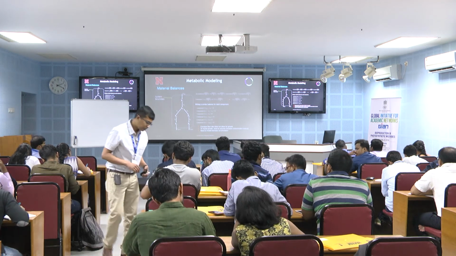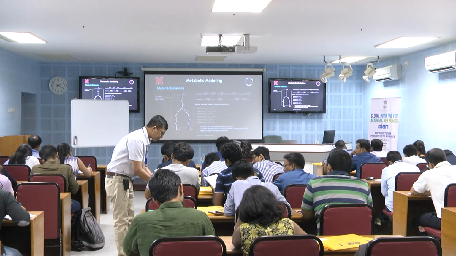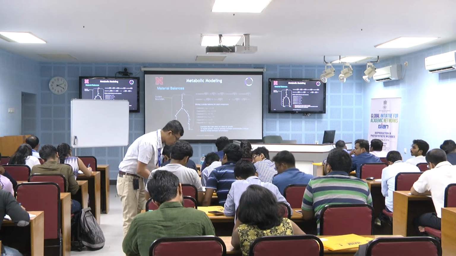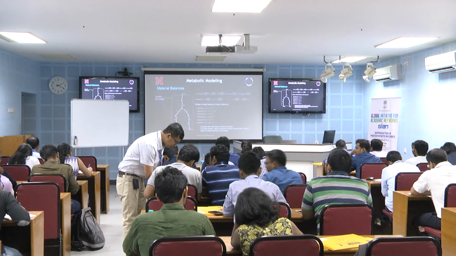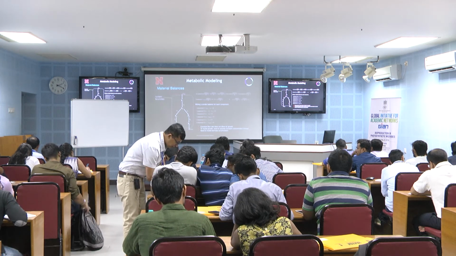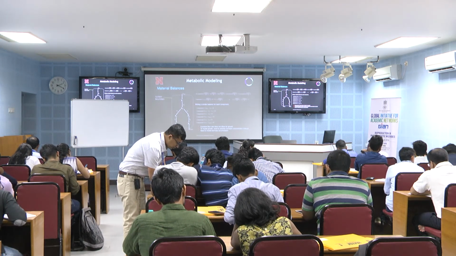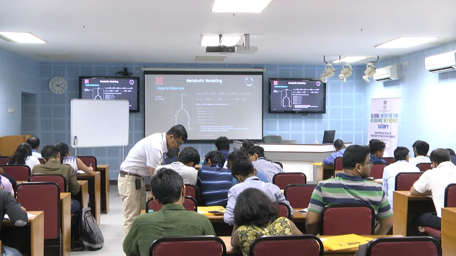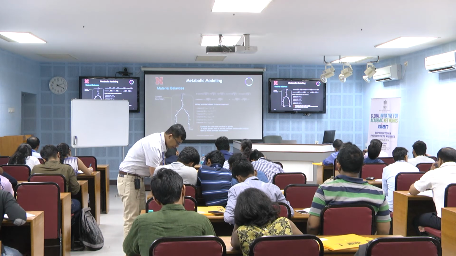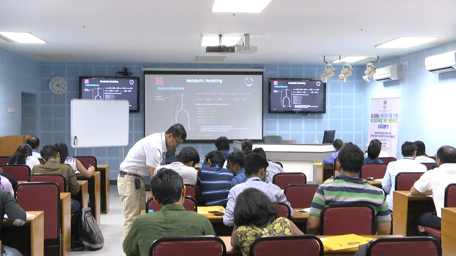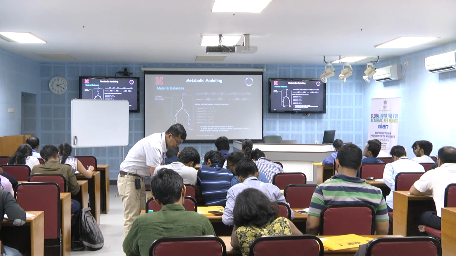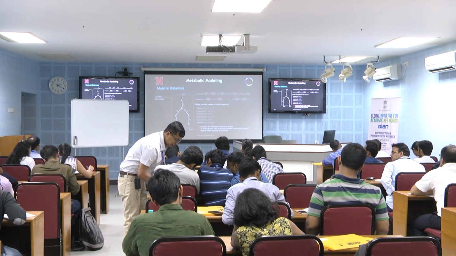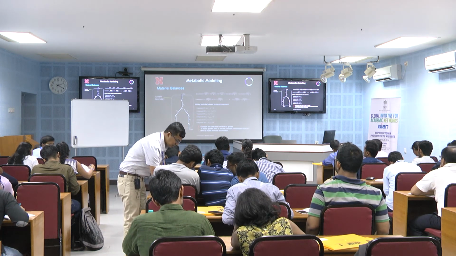Do you need any help? If you all could come together. It's the same concept as we have discussed. We are interested to find out the change of x1, so dx1 over dt. As I said, it's in minus out plus generation. There is no generation term here, so this is 0.